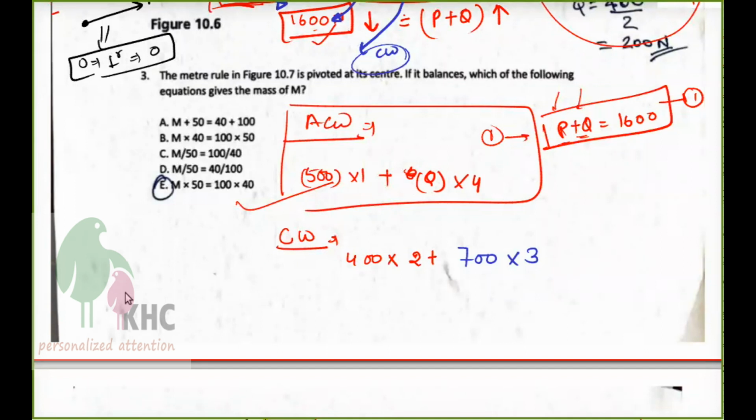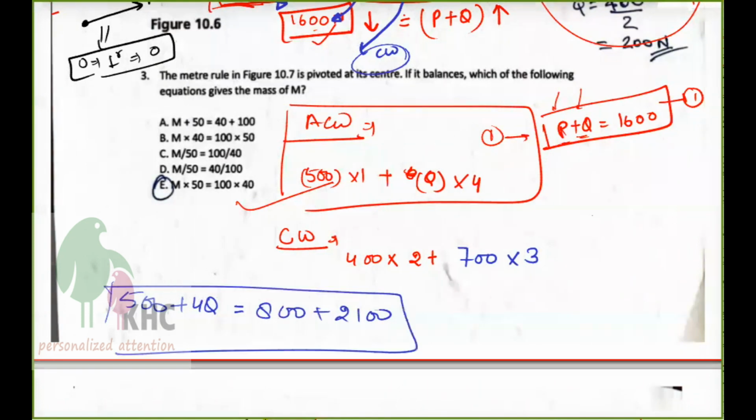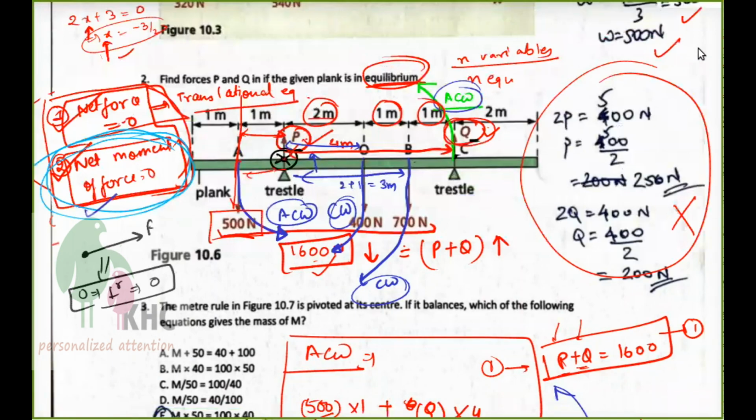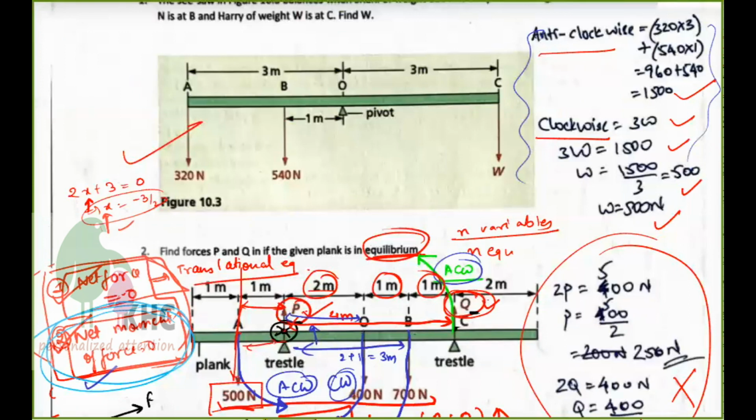So you're going to have 500 plus 4Q equal to 800 plus 2100, when you equate both of them. Is this thing clear? Yes, ma'am. That's what I have done, the same thing that you did in the earlier question.